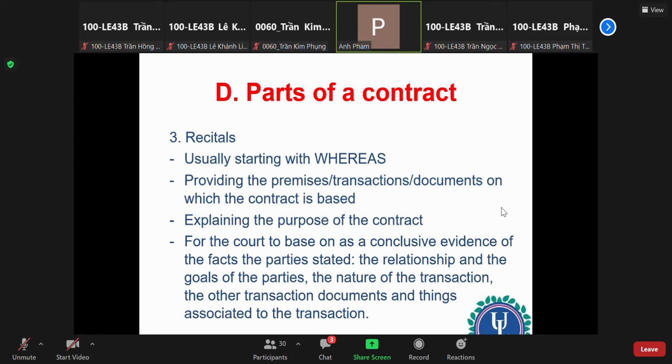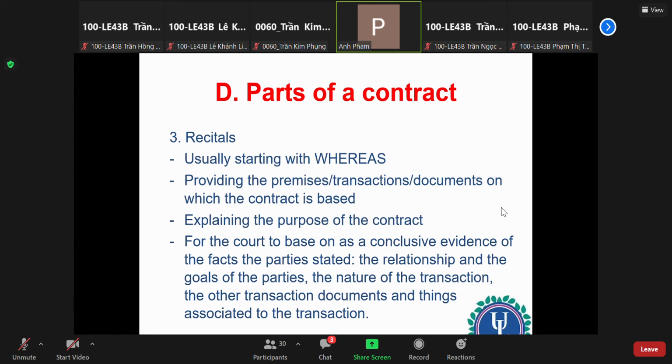It gives the premises, like the reasons why the parties enter into the contract, or you can give the information about the other transaction, just like whereas the parties enter into the master service agreement. According to that agreement, the parties will enter into a service management contract for a specific business.